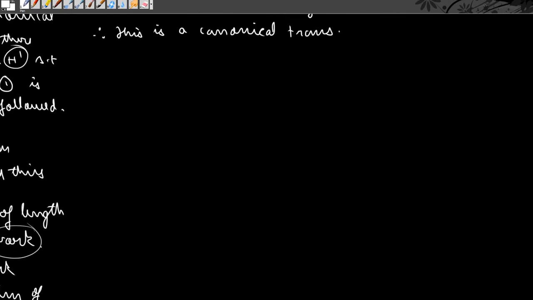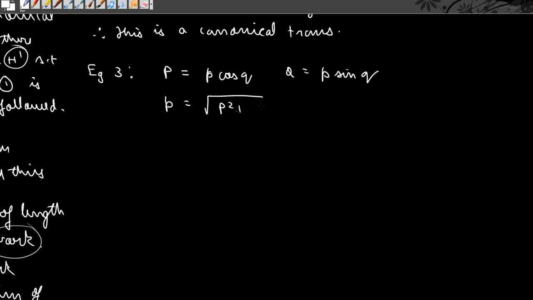Okay, so before we finish, let us consider just one more example, and here we are going to consider the following transformation: p equal to P cos Q and q equal to P sin Q. Now here the inverse equations will be P equal to root of p square plus q square and Q equal to tan inverse of q by p.